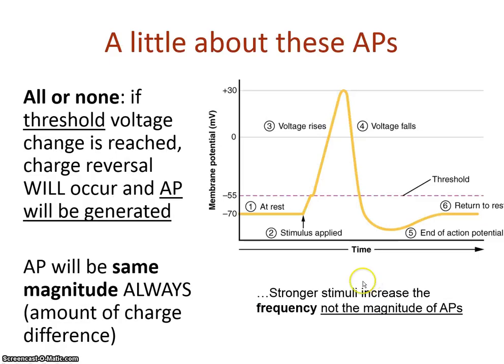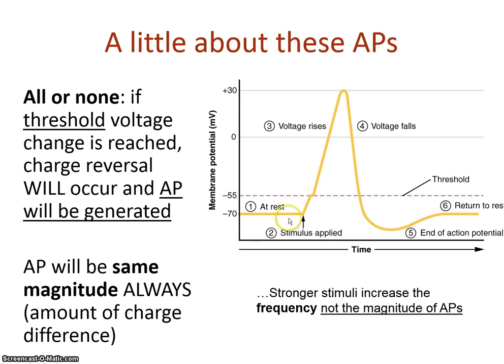All right. So a little bit about these action potentials. They are considered all or none. So if you hit threshold, the change is going to occur, and every single time the change will be to about plus 30. So more intense stimuli, so hotter water, deeper pressure, more forceful, is not going to cause more sodium to enter.